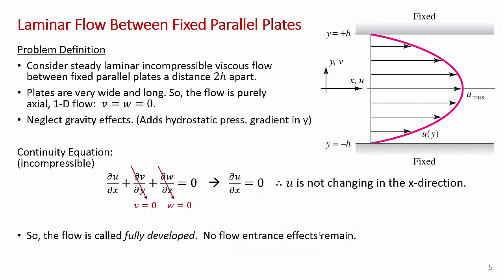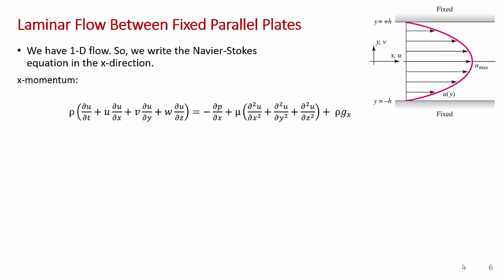So let's go back to our problem now. That was a complete side comment about developing flow. So we have fully developed flow. We've just shown that by looking at the incompressible continuity equation. So now we can move on. So we have 1D flow, and we can write the Navier-Stokes equation in the x direction.